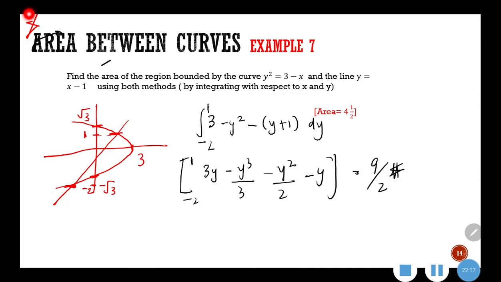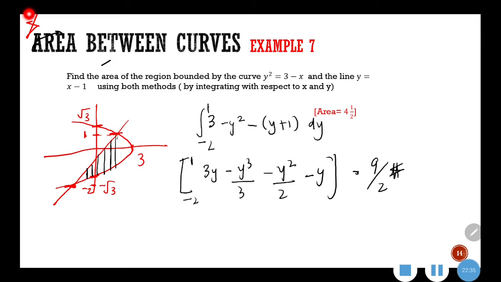Second approach, if you want to integrate with respect to x. We use the second method where we integrate with respect to dx. So with dx, we treat this as a rectangle like this.